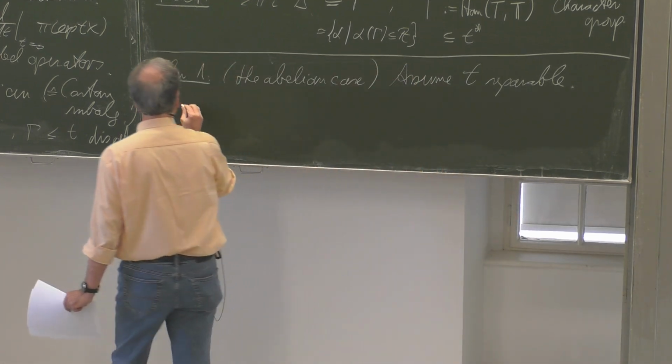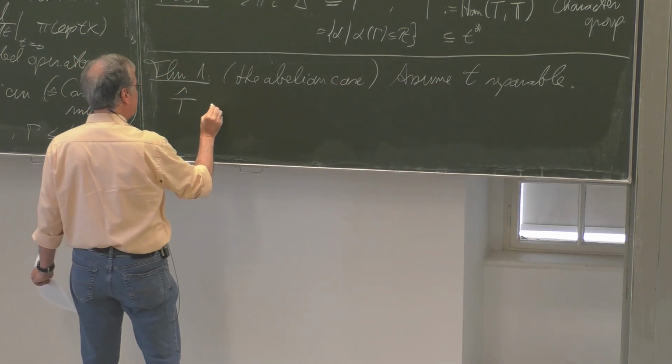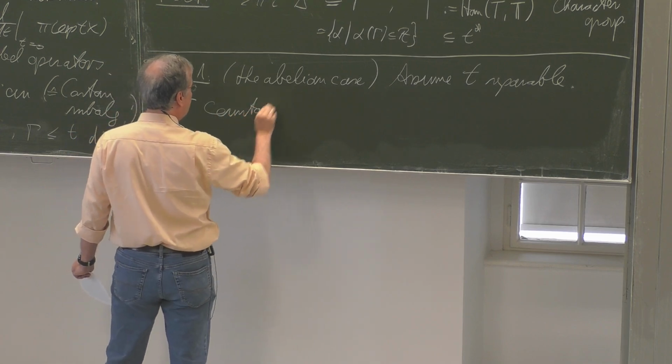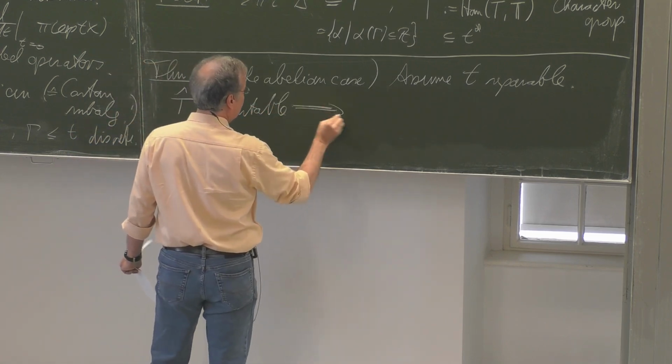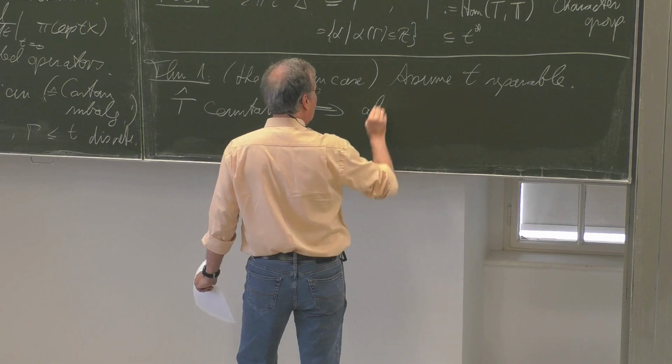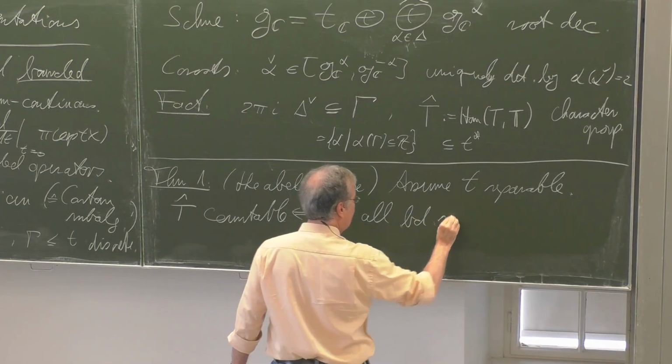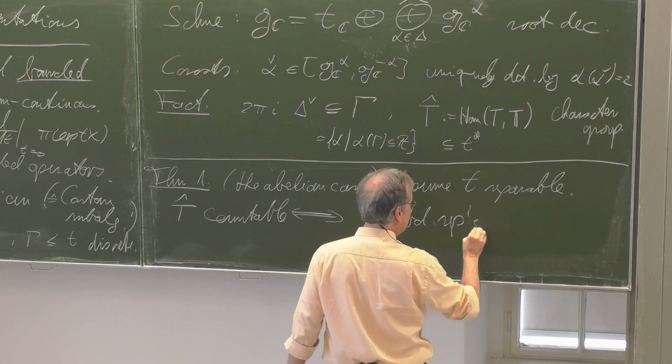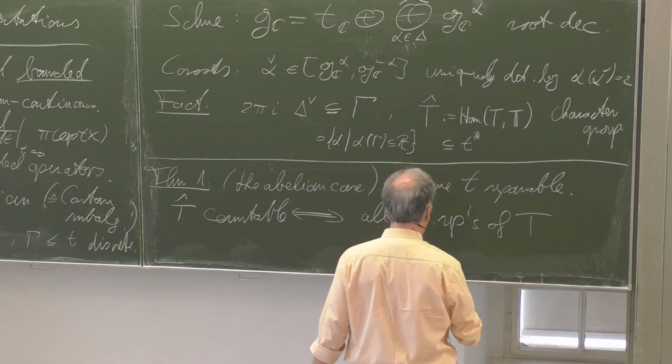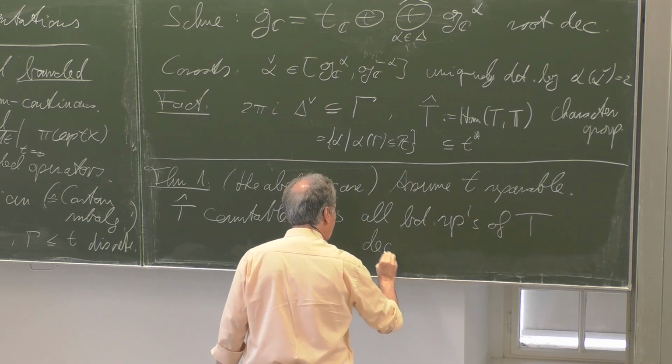And then I can say that the character group is countable if and only if all bounded representations of T decompose into eigenspaces.